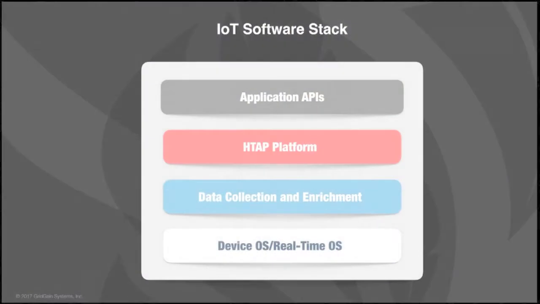And based on these demands, we can take a look at this from the IoT software stack perspective. Starting from the bottom, if you're going to create your new IoT solution, first you need to deploy some edge devices like smart meters somewhere. And those smart meters also have to be programmed. You have to develop applications, software, for them.